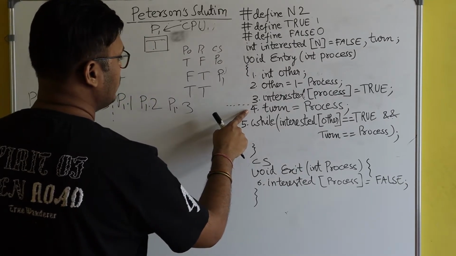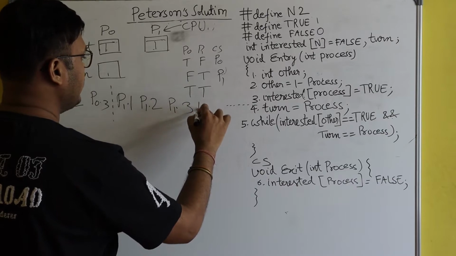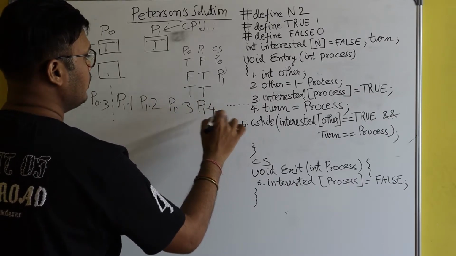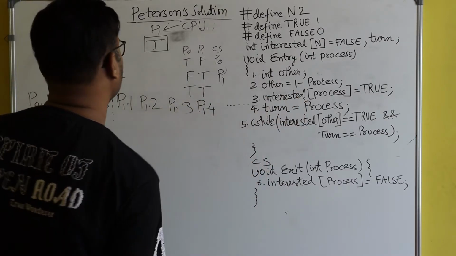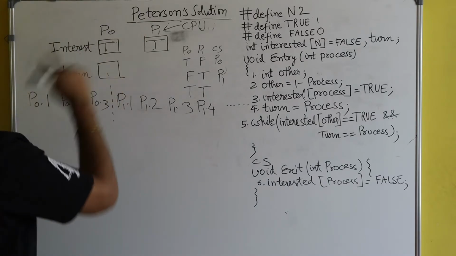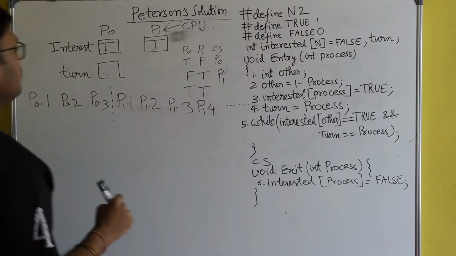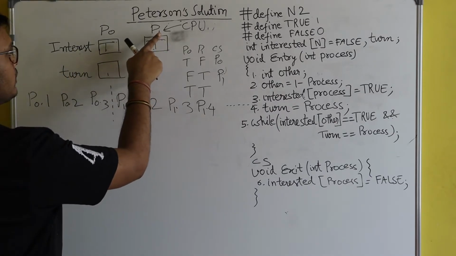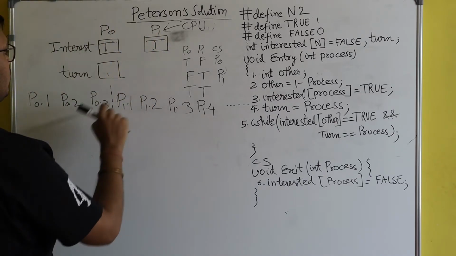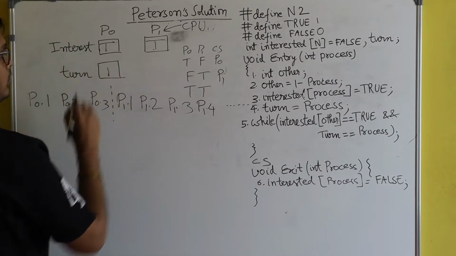And P1 executed line number 4. Here you see turn is equal to process. So turn will become what? P0 or P1? Obviously P1, because now process is P1 and other is P0. So now turn is 1.